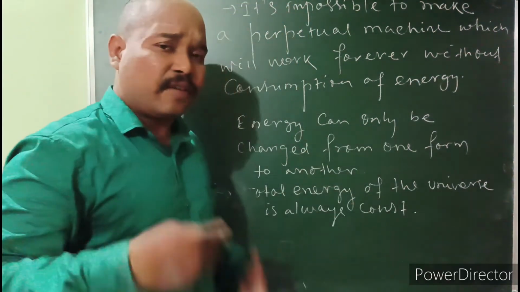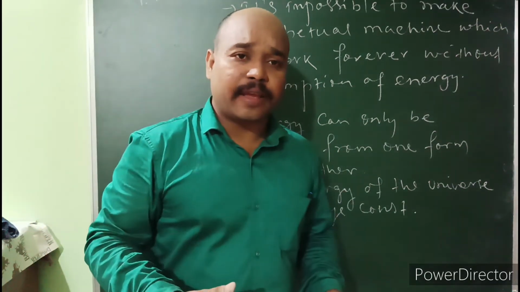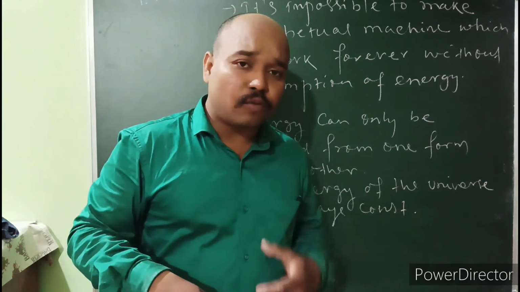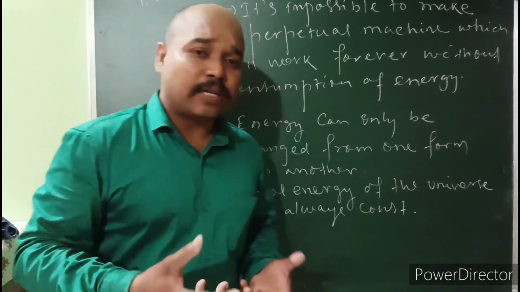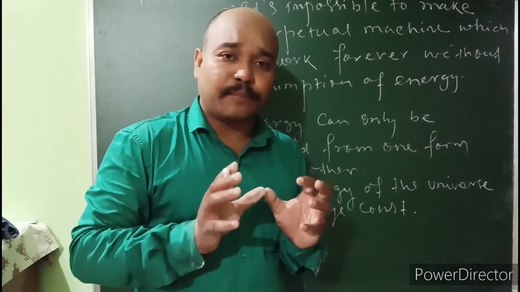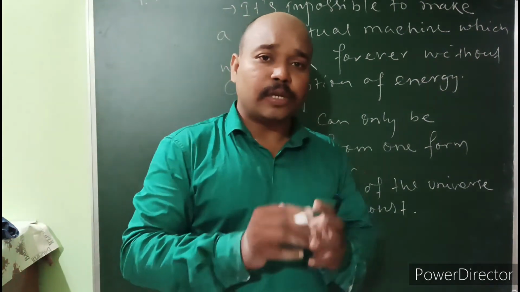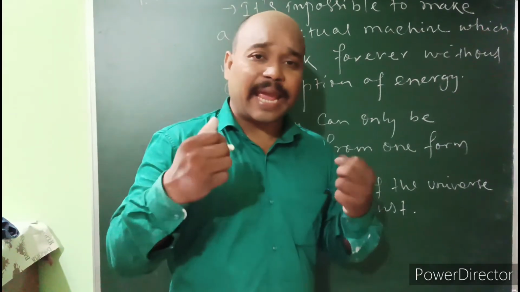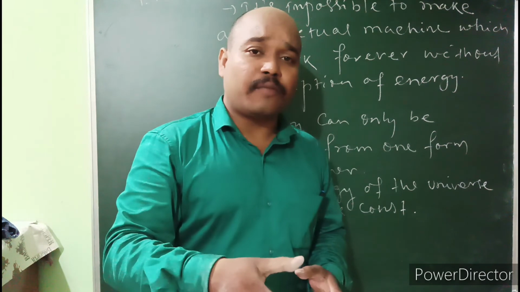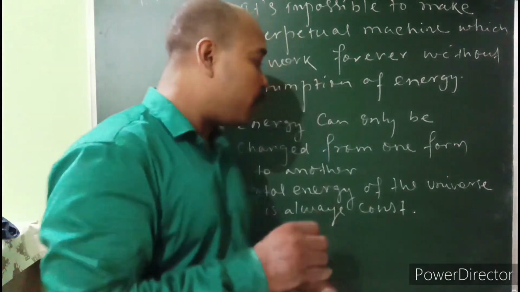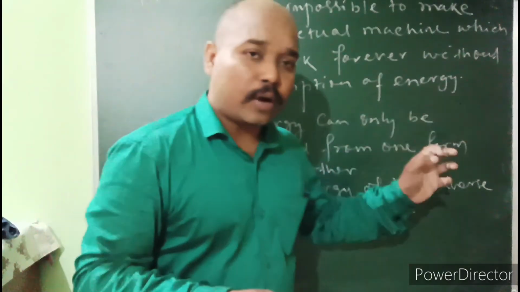For anything, even while I am talking with you, I need energy, and for that I am taking food. Your vehicle requires petrol, diesel, kerosene as a fuel. So everything requires energy, and it is saying that we cannot make any device that will work forever without consumption of any energy. That is all about the first law of thermodynamics.